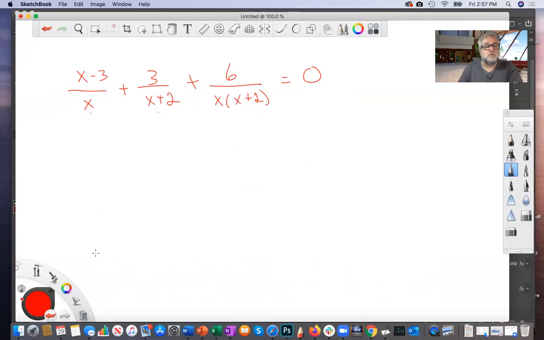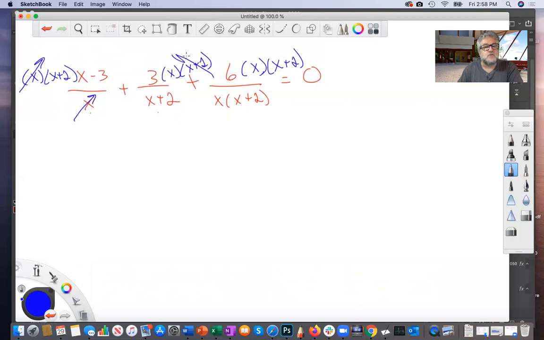Okay, so to get rid of the denominators, I'm going to multiply this by x times x plus 2. I'm going to multiply this by x times x plus 2. And I'm going to multiply this by x times x plus 2. I always write out the factors because you want to see where you can cancel them out.